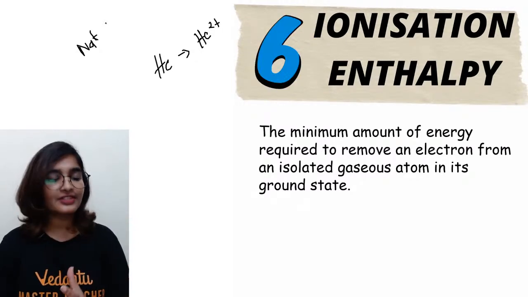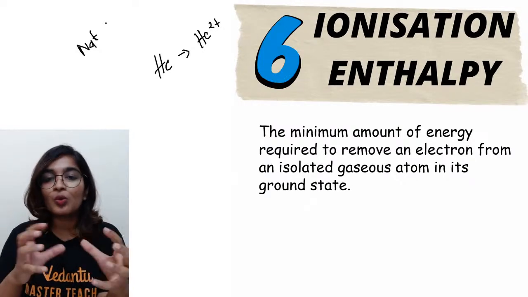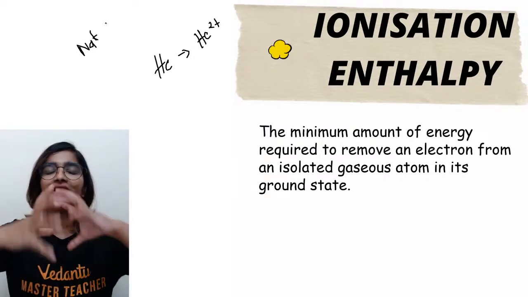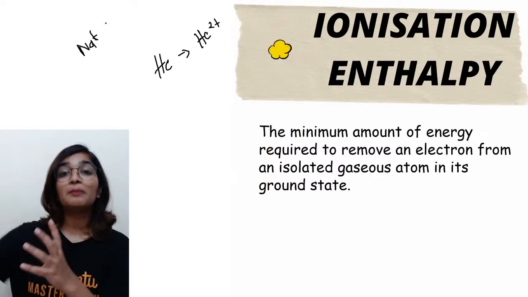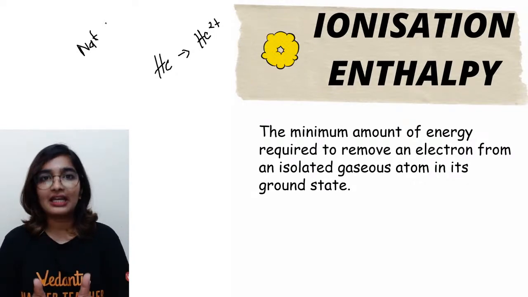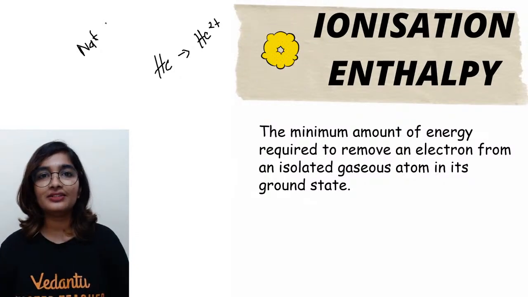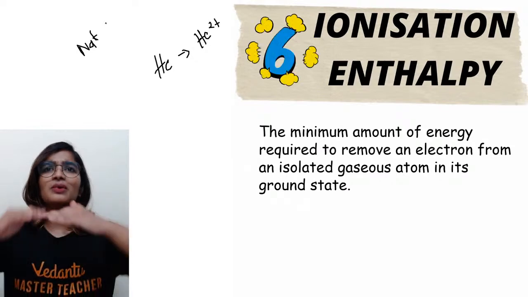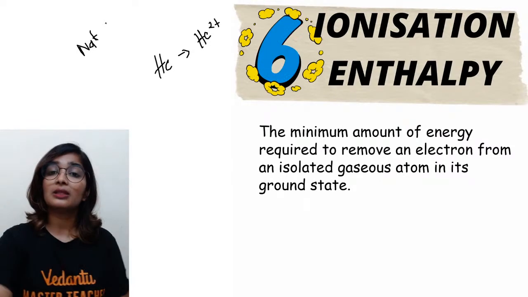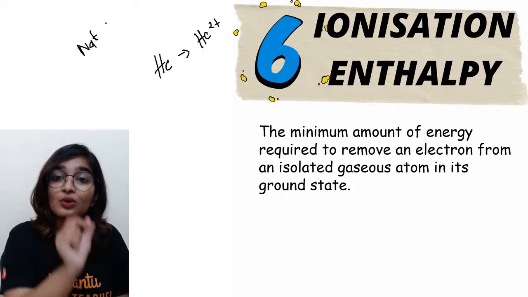Whenever we define it, we always consider a gaseous atom, and that too isolated, because we do not want it to be in the crystalline state. We don't want it to be in a crystal lattice or combined with another atom or in a molecule. Whenever we define, we always take these standard conditions. So this is how we define ionization enthalpy: the minimum amount of energy required to remove an electron from an isolated gaseous atom.